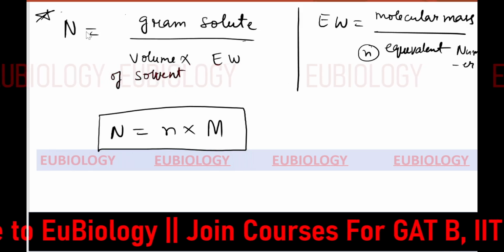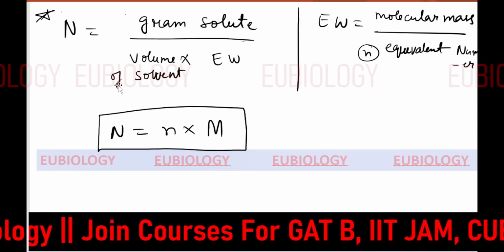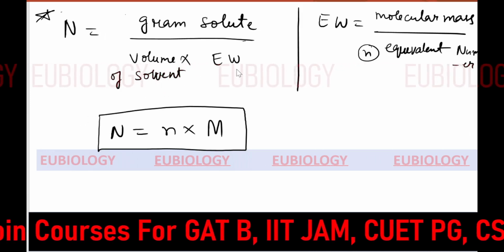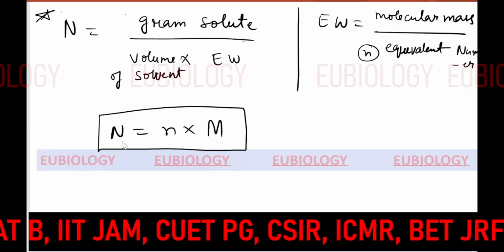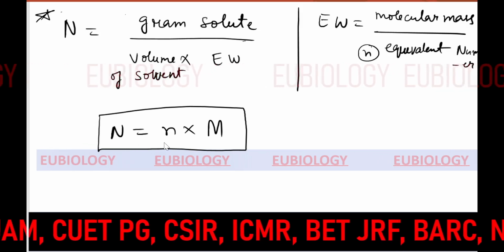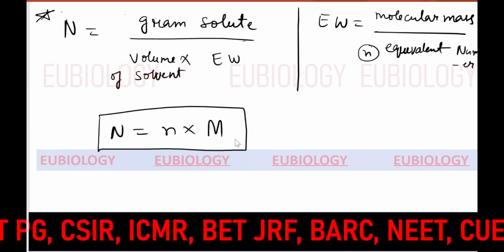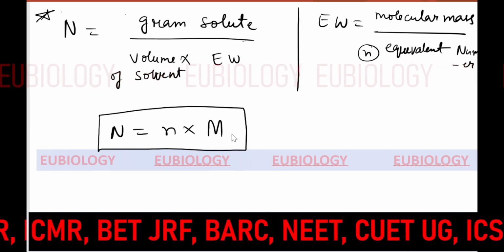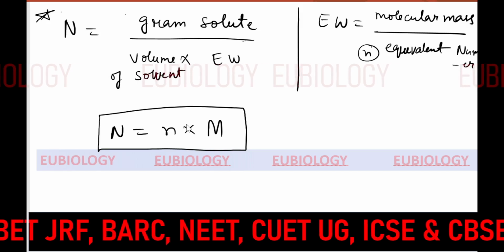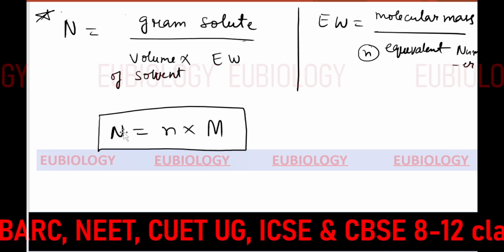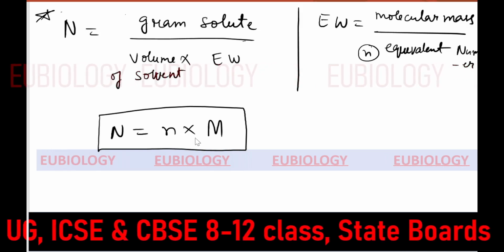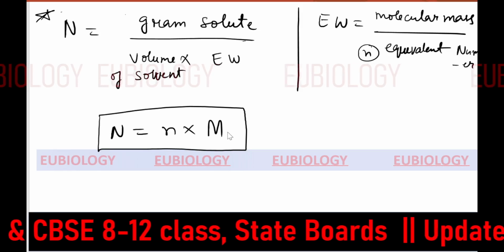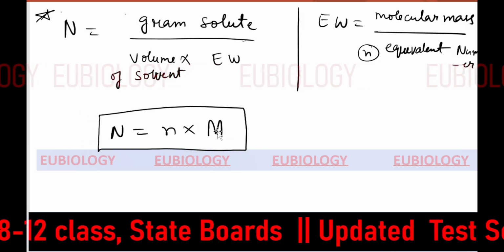Finally, gram solute divided by volume of solution into equivalent weight is equal to normality. Normality also has a relation with molarity: capital N, normality, equals equivalent number into molarity.